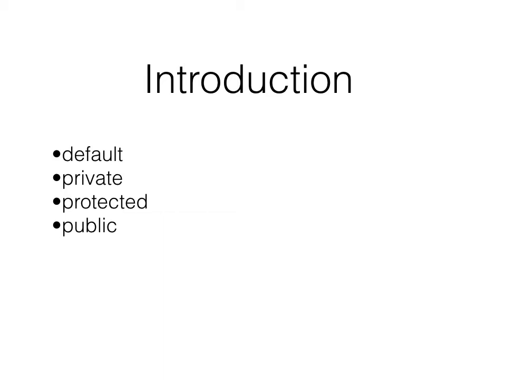Protected is very specific to subclass access, and public is accessible to everything, any class, any package. So these are some limitations and a basic introduction, and now we are going to show how to declare any method, any class, any variable with this access modifier.